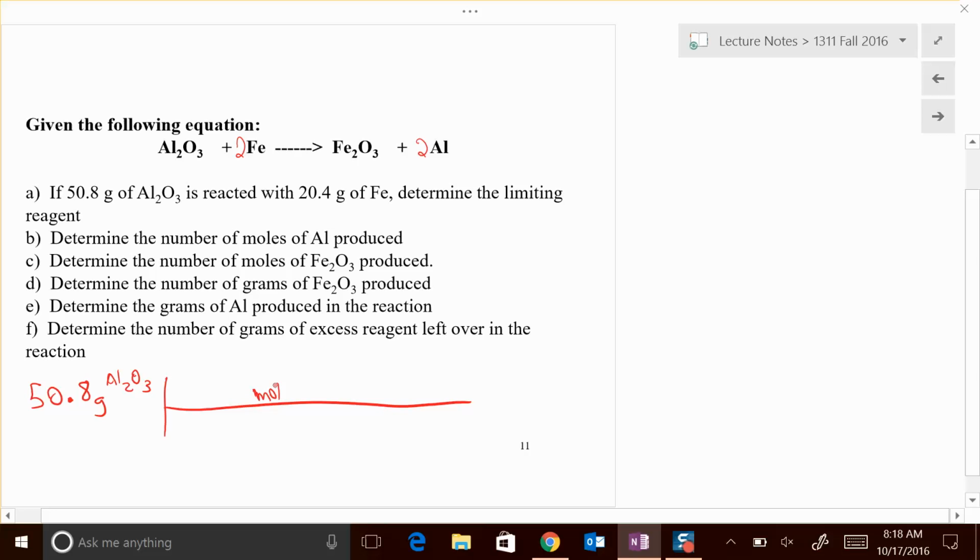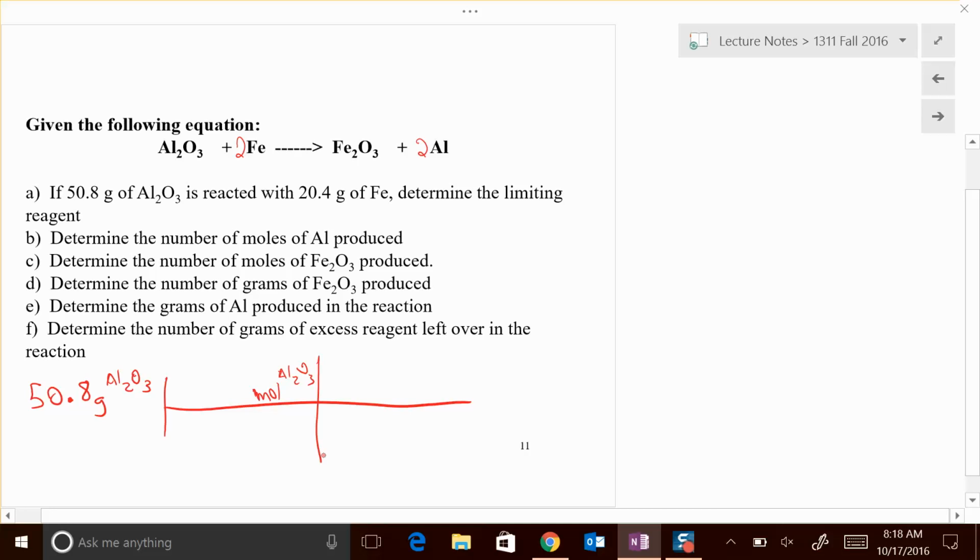Moles of Al2O3. From the moles of Al2O3, I'm going to do what? That's right. I want to know how much iron is going to react with it so I can determine the limiting reactant. We're just looking at the reactants, Al2O3 and Fe. That's all we're looking at right now.